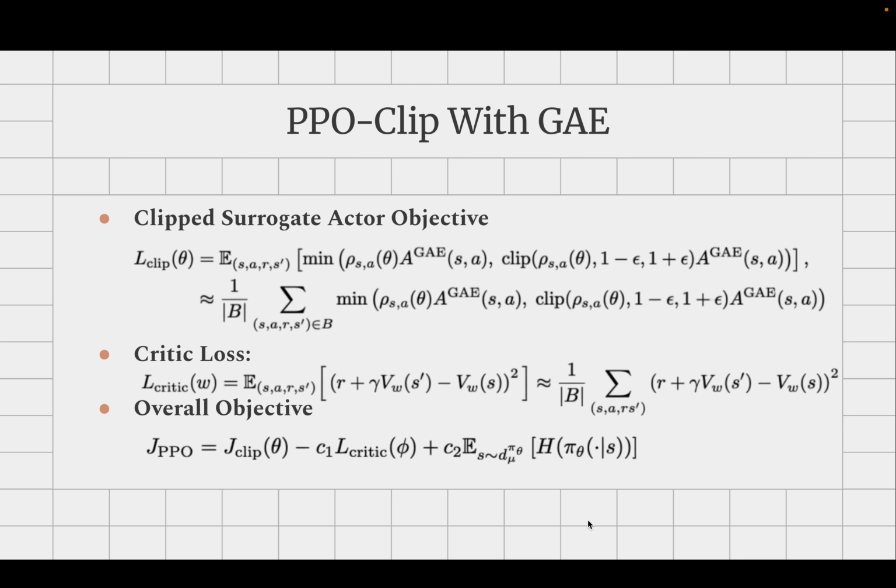The total loss consists of the actor loss with clipping surrogate objective, the critic loss, and the entropy bonus to encourage exploration. And PPO is known for balancing performance and stability, especially in high-dimensional tasks.